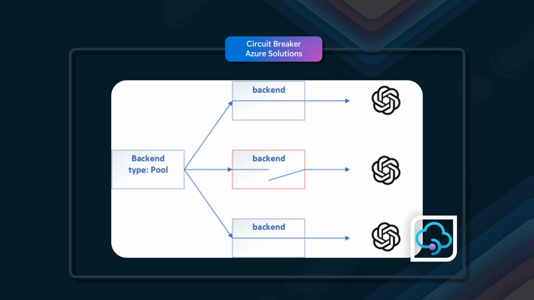This automated handling of faults improves the overall resiliency and stability of the system. In the context of Azure implementation of the circuit breaker pattern, this can be achieved using various services and tools, such as Azure App Service, Azure Functions, and, in this example, Azure API Management, which allows circuit breaker functionality with Azure OpenAI endpoints.